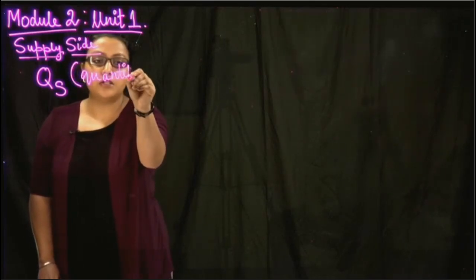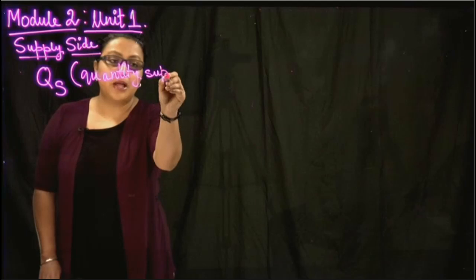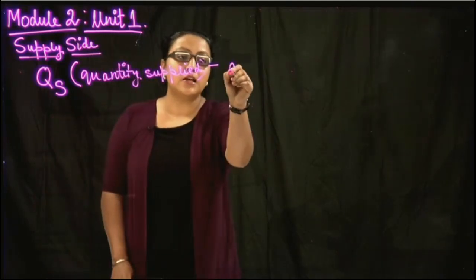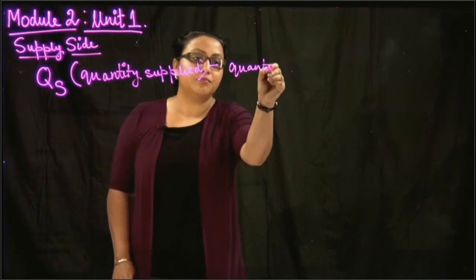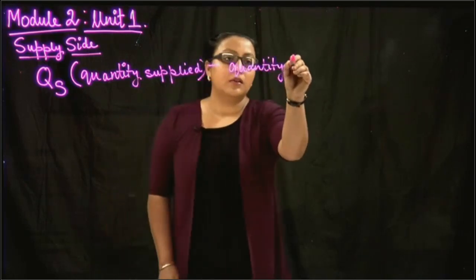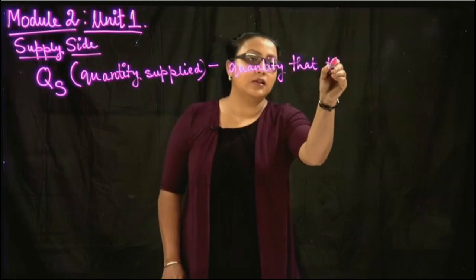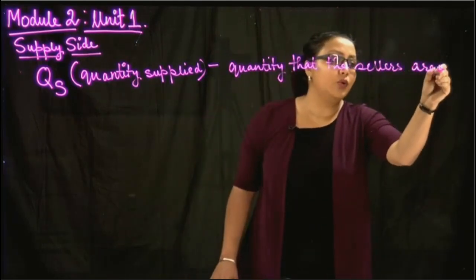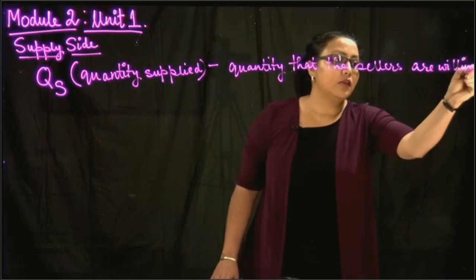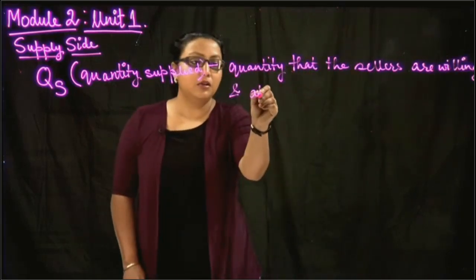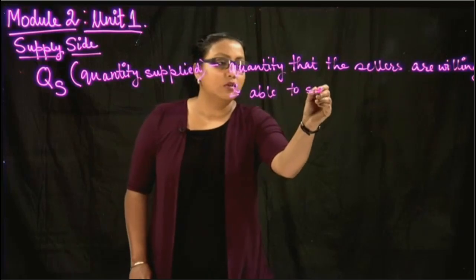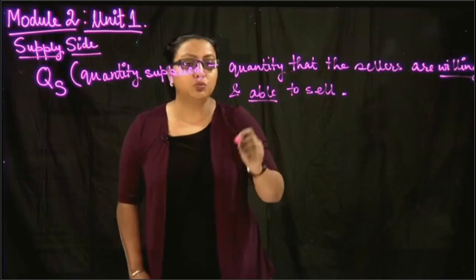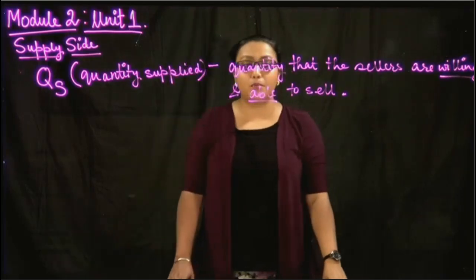Let's call that quantity supplied, where quantity supplied is basically defined as the quantity that the sellers are willing and able to sell. Please note that it is a similar definition to what we had on the demand side for buyers.